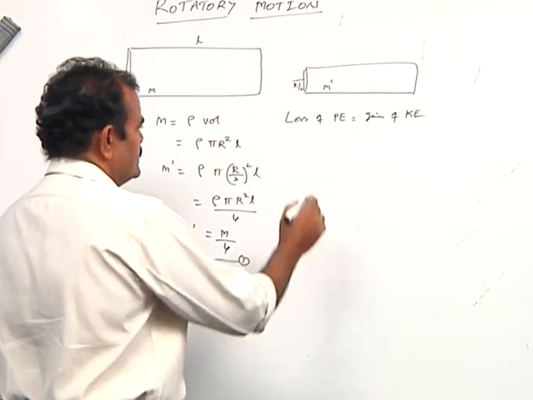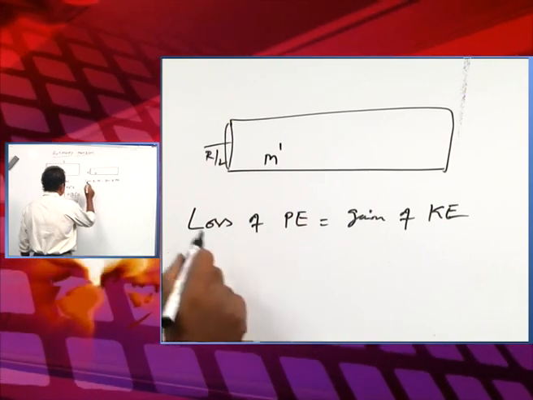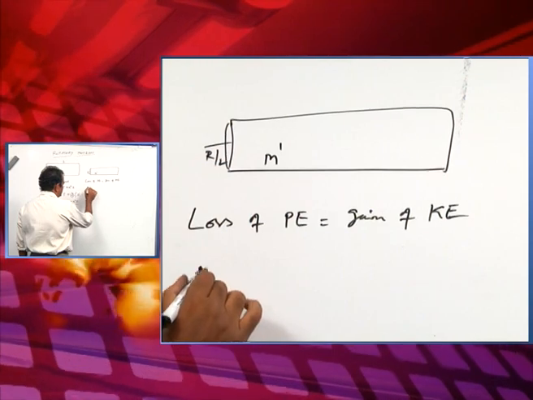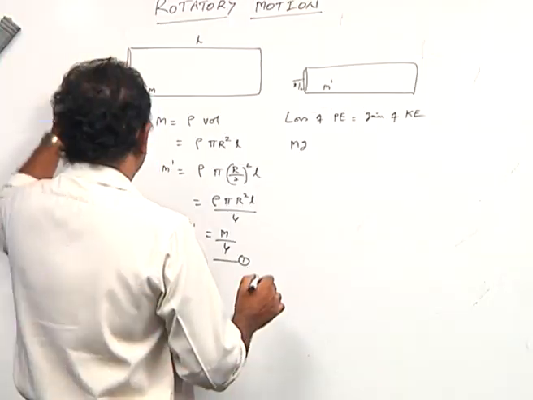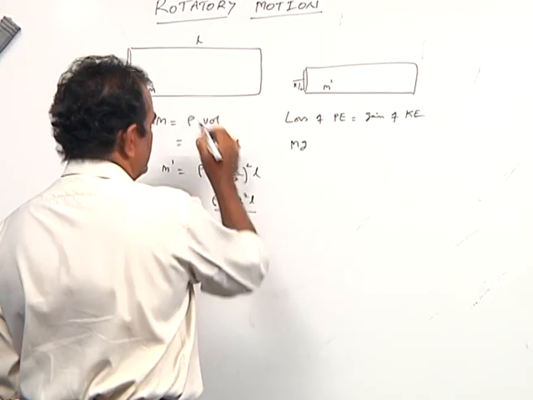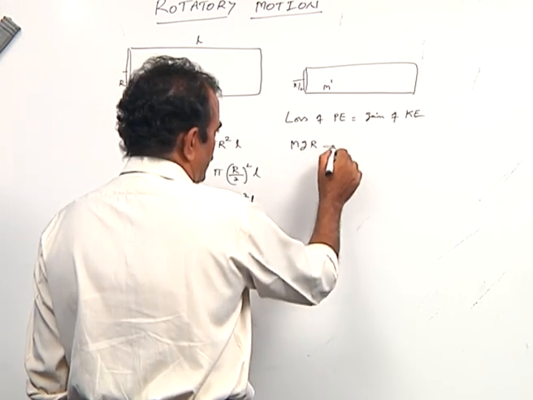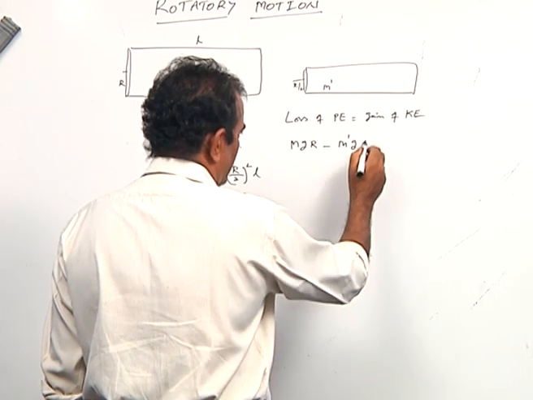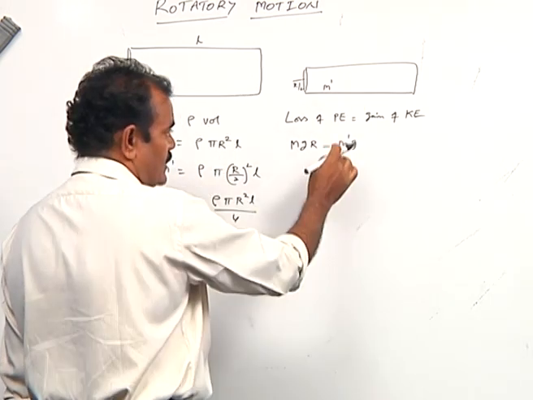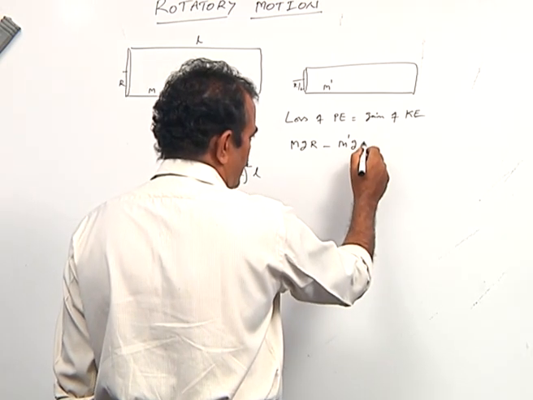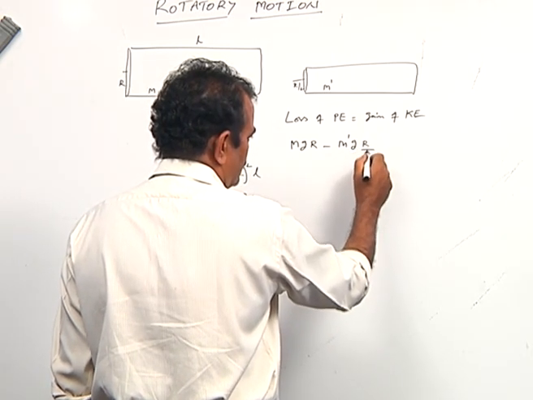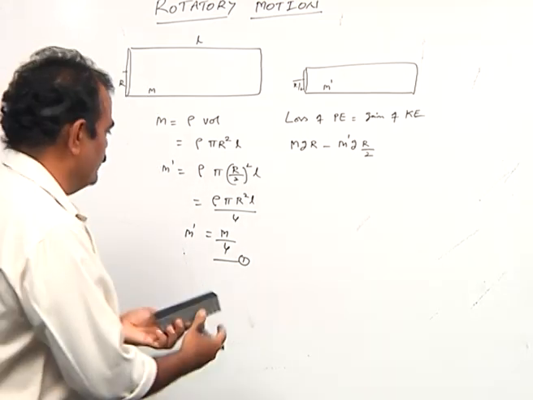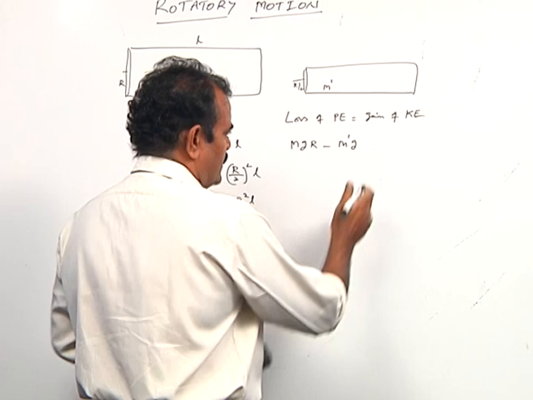Loss of PE means it is coming down from this position to this one, so mgh. The center of gravity is located here, so it is mgr minus m dash g r dash, where m dash is the new mass. R dash is nothing but r by 2, which we apply later, so first we write it as r dash only.